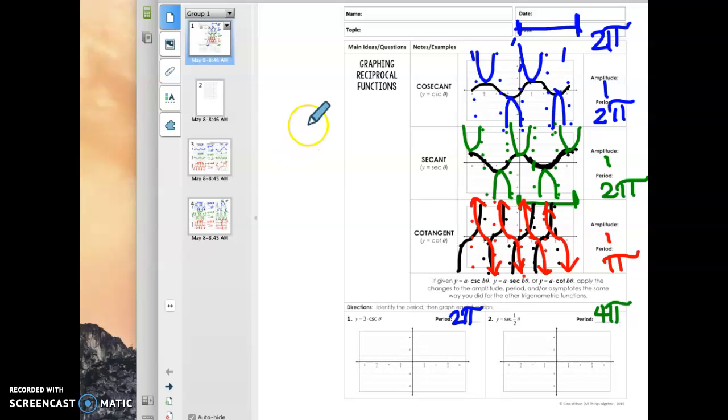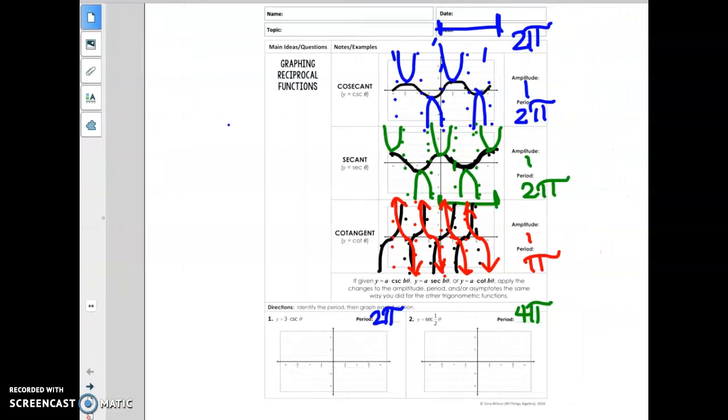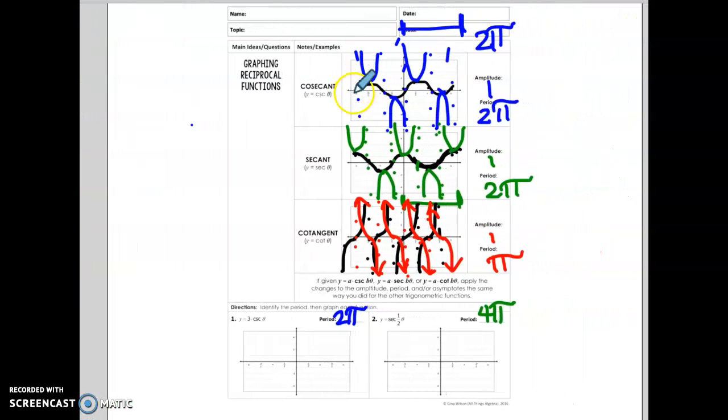So on these, what I tried to do is graph the original function. So sine, its inverse is cosecant. So the way I thought of these is just the inverse, 1 over 0 would be undefined. So everywhere there's a 0 for sine, that's where my asymptotes are, okay?